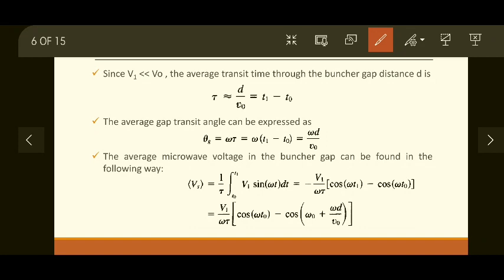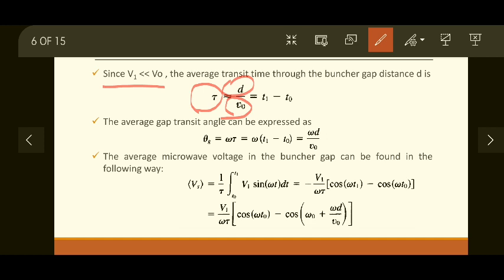Since the microwave input voltage is much less than the DC voltage, the average transit time through the buncher gap distance d is given by, time is equal to distance upon velocity. So tau is the time inside the gap, d is the length of the gap, that is the distance between the entry and exit point of the gap, and v0 is the velocity of the electron beam.